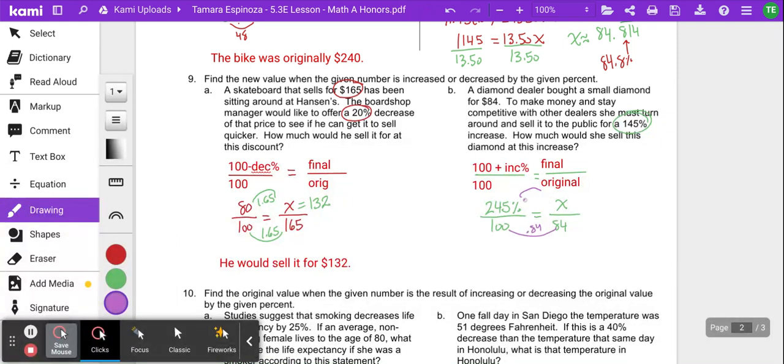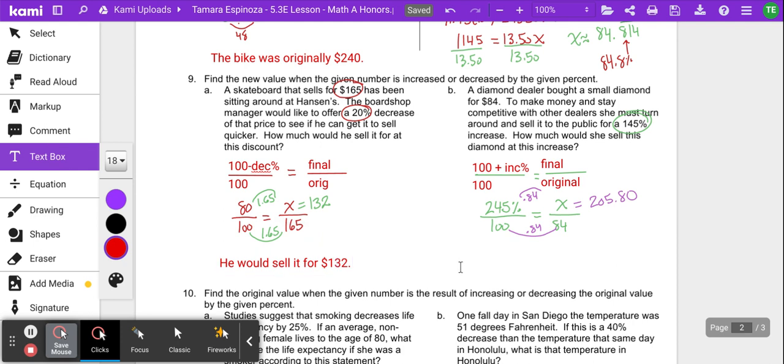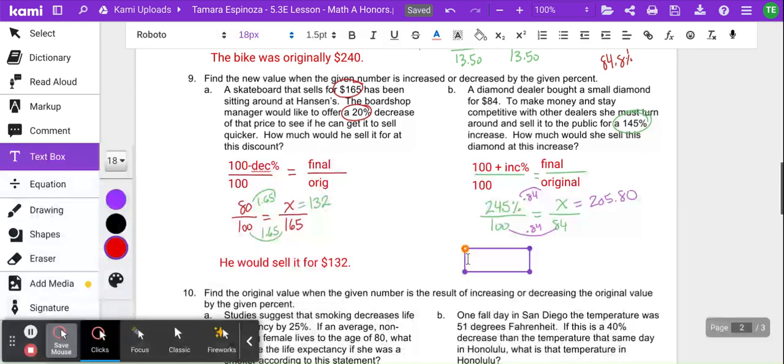So I now have to multiply by 0.84. 245 times 0.84 gets me $205.80. So she bought it for $84, but is going to sell it to you for $205.80. She will sell the diamond for $205.80.